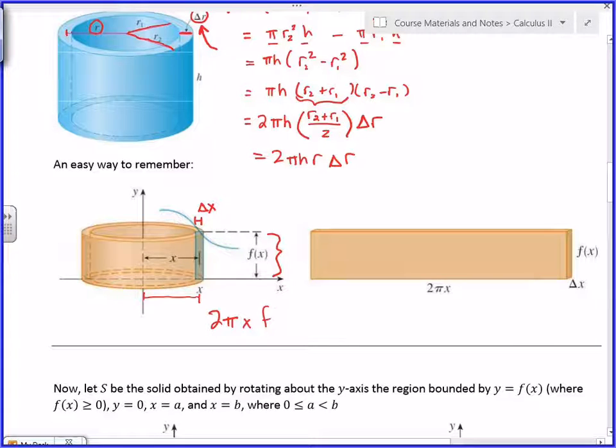So I've got 2 pi x f of x delta x. Right? Because, again, r is now x, delta r is now delta x, and h is now f of x. So if you take all of those and plug them in, that's what you get for the volume.